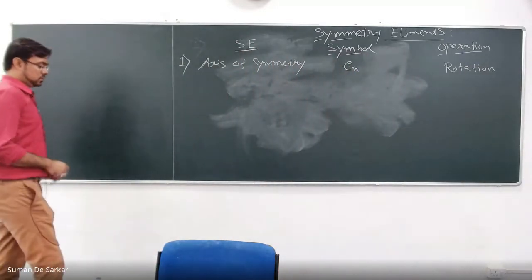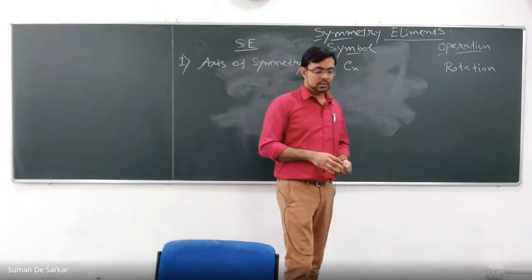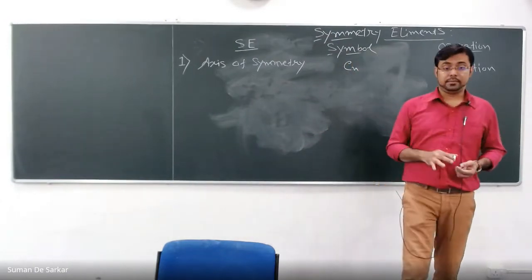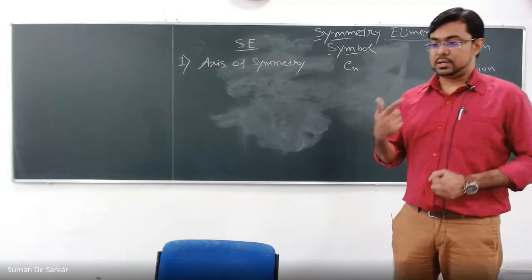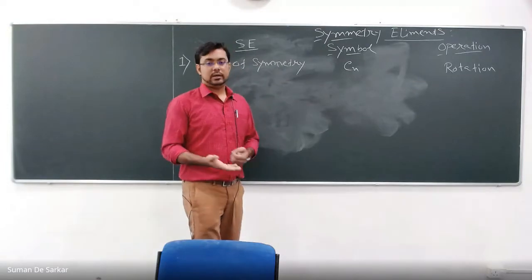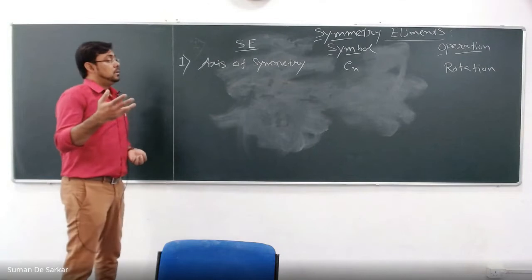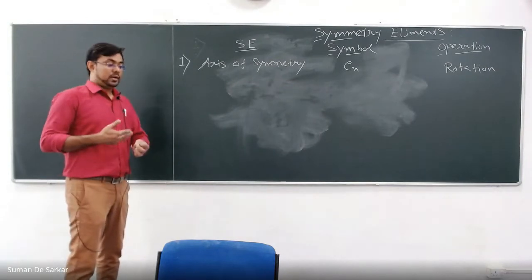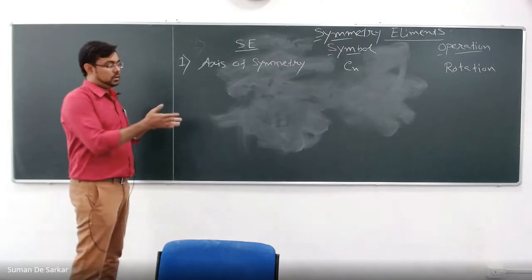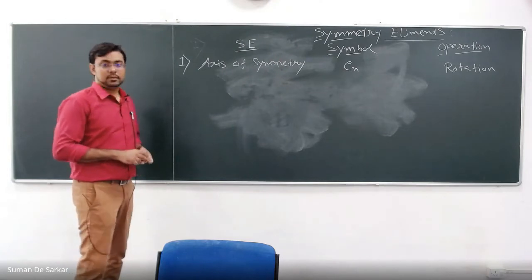Operation is whenever, suppose you are given a molecule, and then you are asked to identify the symmetry elements present in this molecule, if any. Then you have to perform certain operations, like rotation, reflection, inversion, this kind of different operation. I will show you how to do that. Only after performing these operations, you will come to know whether this molecule is having a particular symmetry element or not. Okay, Cn.